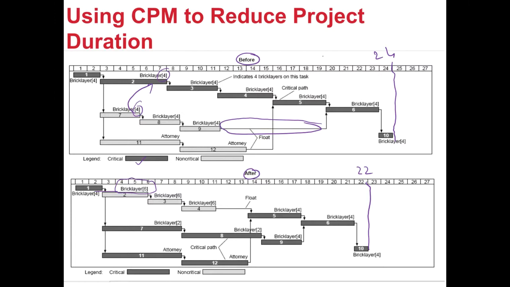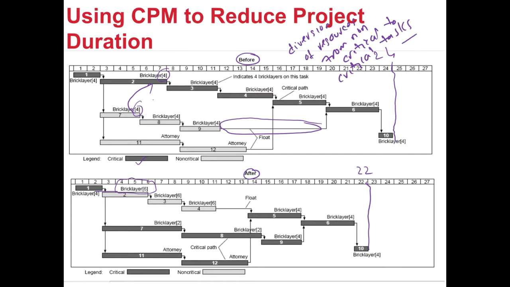So essentially, by diversion of resources from non-critical to critical tasks, the project manager has essentially saved 2 weeks.